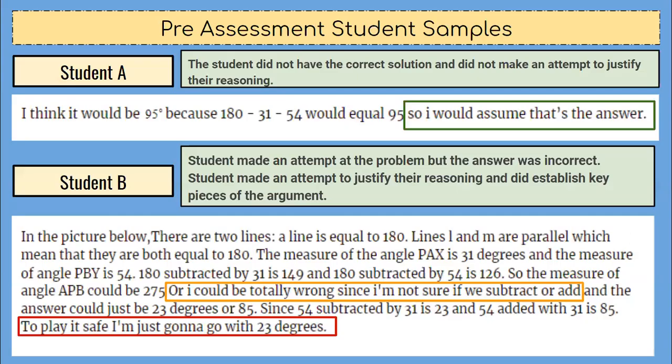And so let me show you a few student examples. Student A, as you can see here, wrote a very brief answer, but that student put, I would assume that's the answer. That's not really a justifiable or strong mathematical argument.